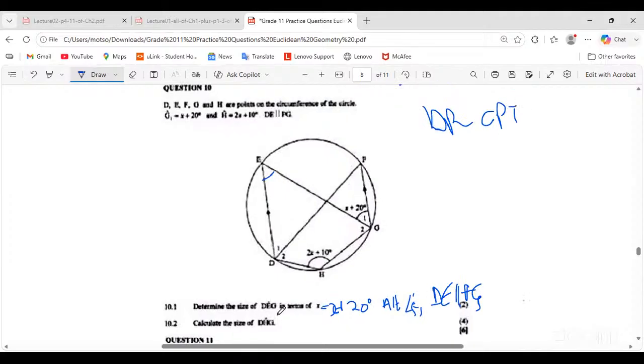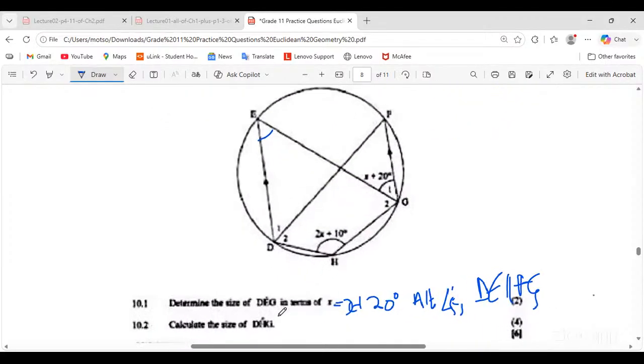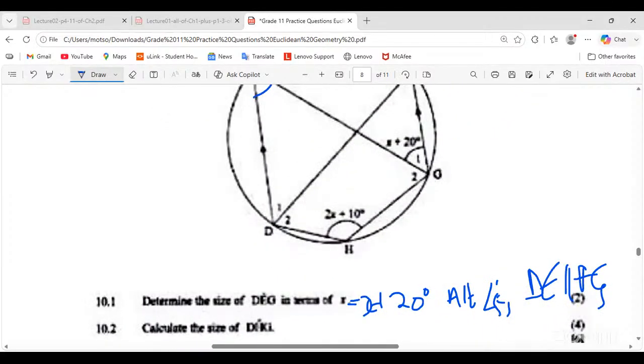Now we are required to find what is this. Oh, let me, guys, quickly confirm what this is before I conclude about this thing. What is written there?